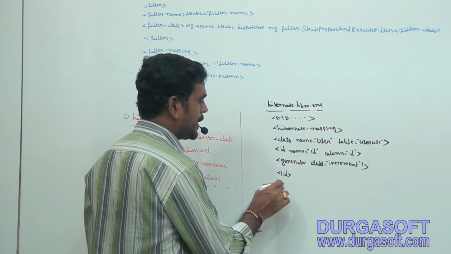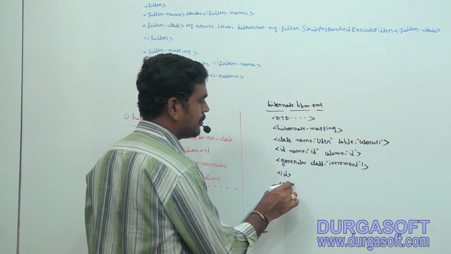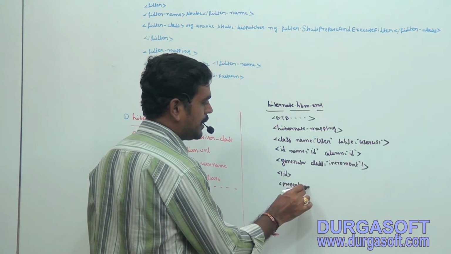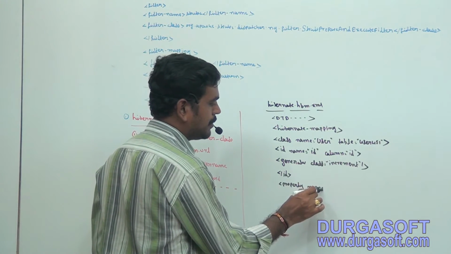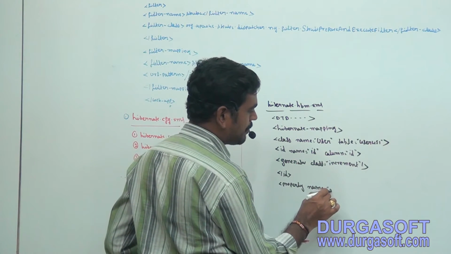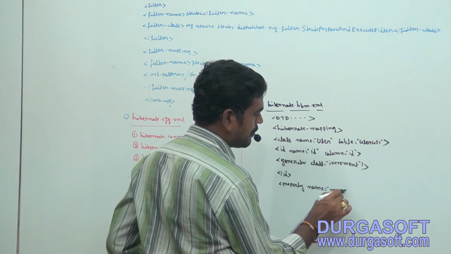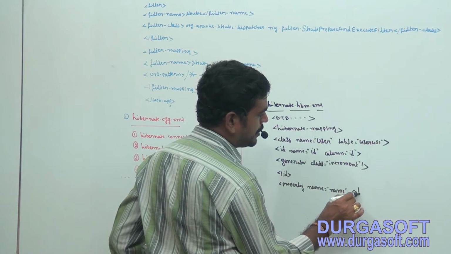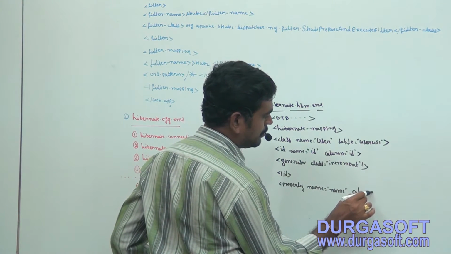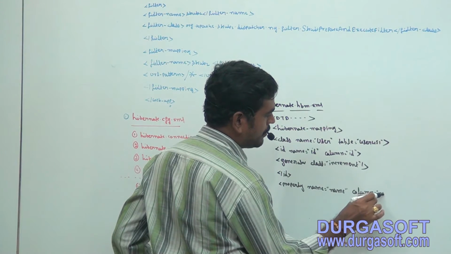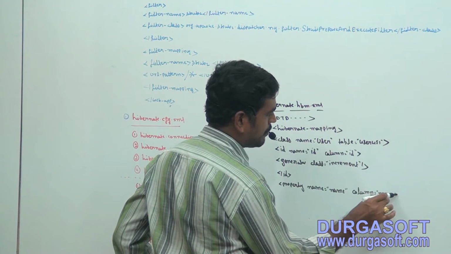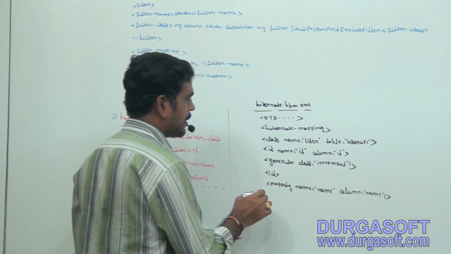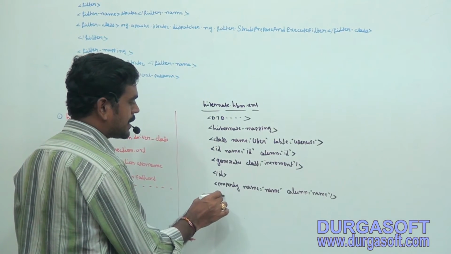After that, property name equal to some name, then column equal to name. Then close the class.